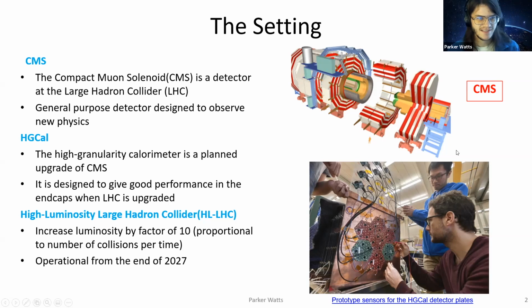It's designed to give good performance in the end caps when the LHC is upgraded. The upgrade of the LHC is the high luminosity Large Hadron Collider, which is going to increase the luminosity by a factor of 10. That's proportional to the number of collisions per time, which is why it's important. It's going to be operational from the end of 2027.